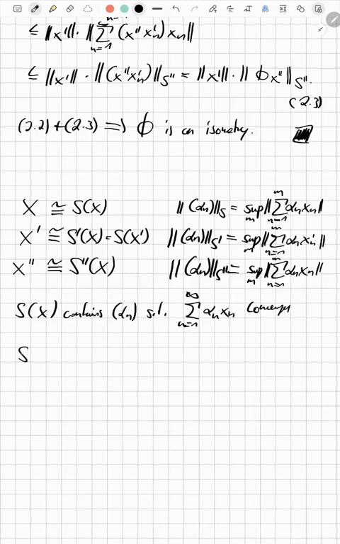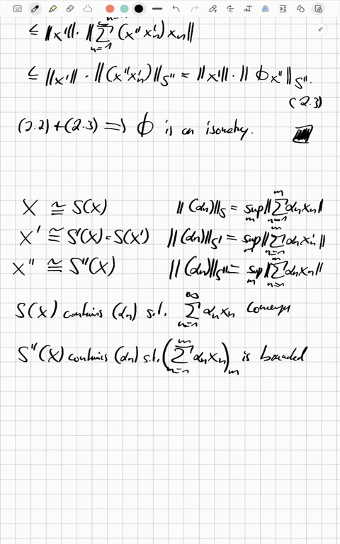And that S double-dash contains alpha n's such that, well, the sequence of partial sums is bounded. And this has some striking similarities to well-known spaces, such as, who would have thought, C0 and L infinity.